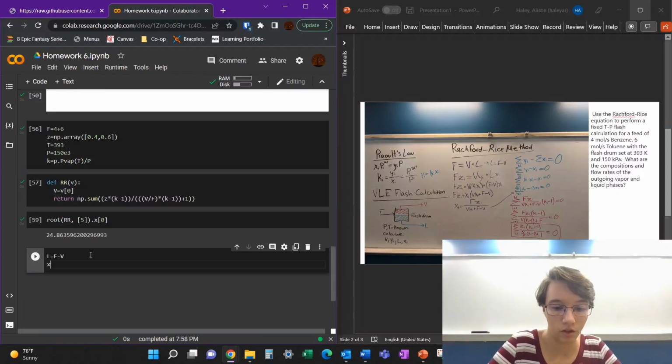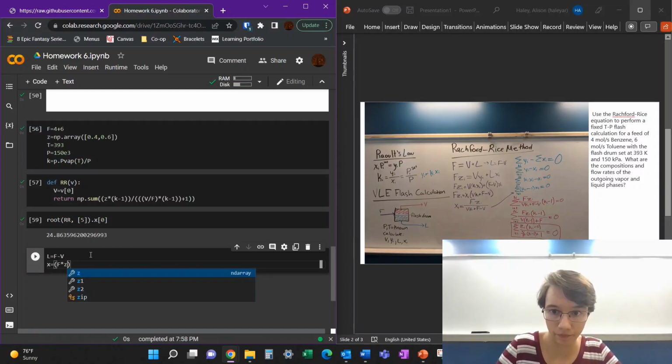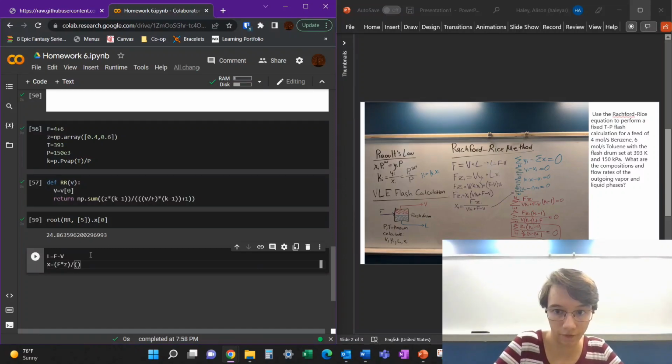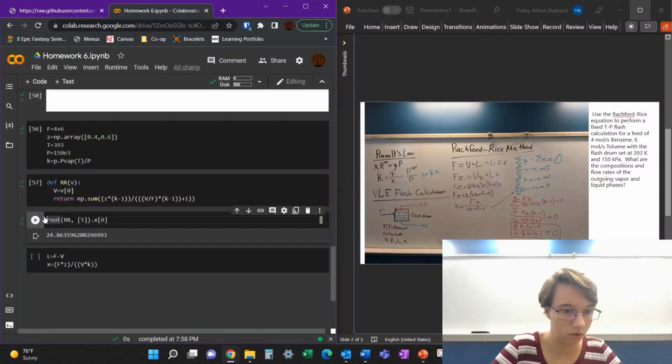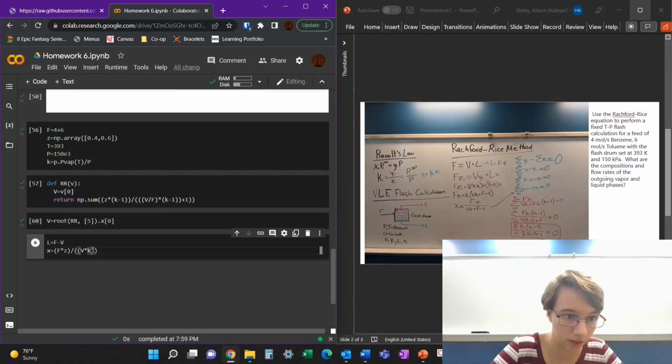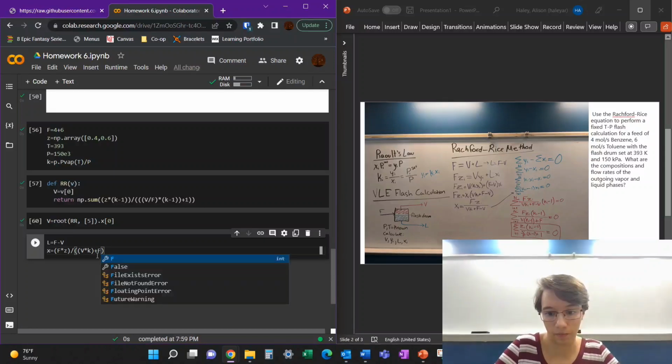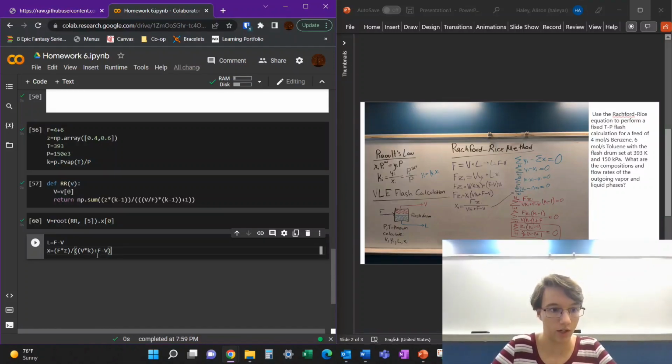Alright, so x is going to be equal to F times Z divided by V times K. I guess up here we need to put that this is V. So V times K plus F minus V. So that is X.